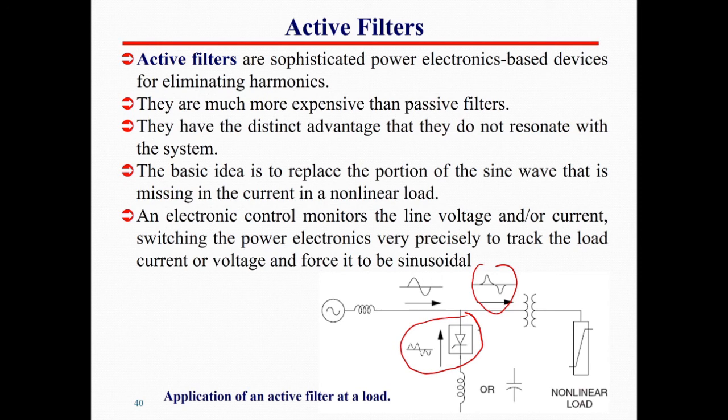So if we don't have an active filter in the system, that means the current that is taken from the source will also be nonlinear. As a result, that will affect the voltage at the different buses. Okay, harmonics will be created.